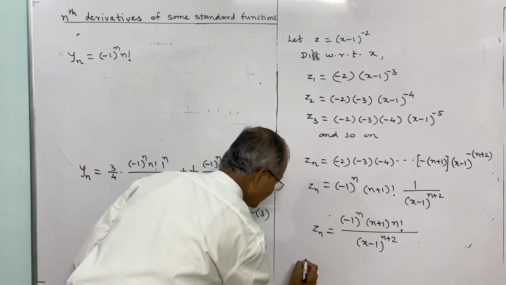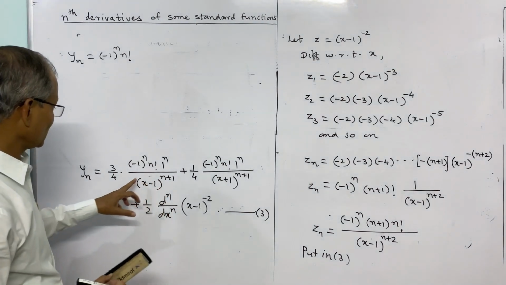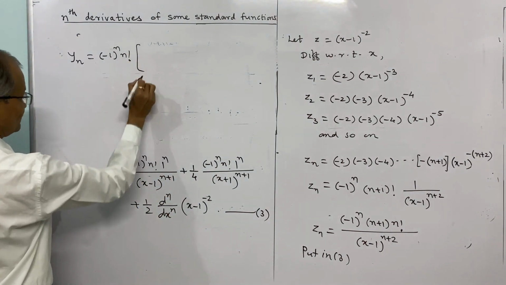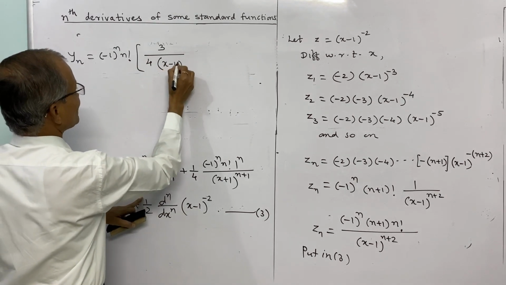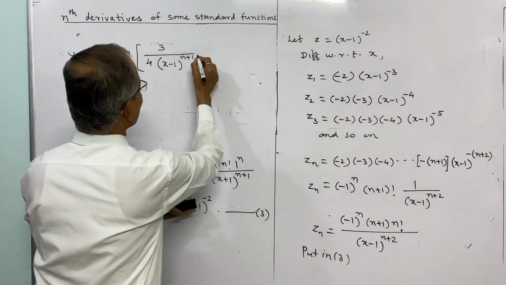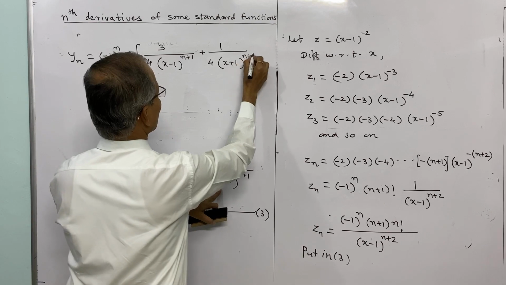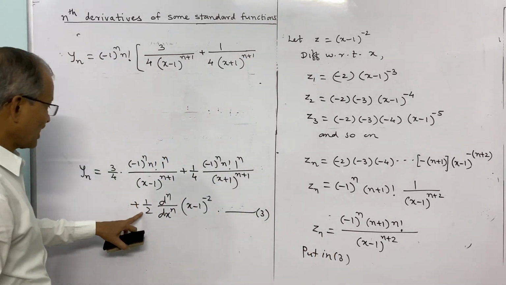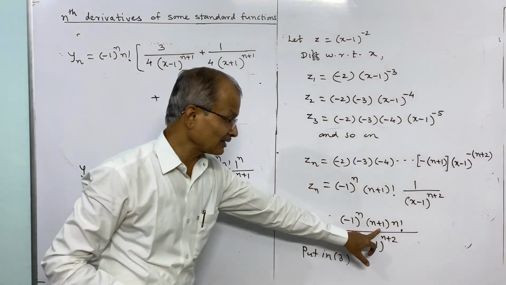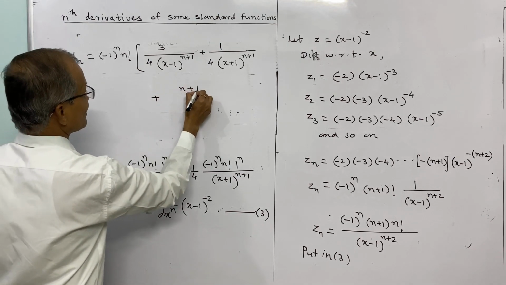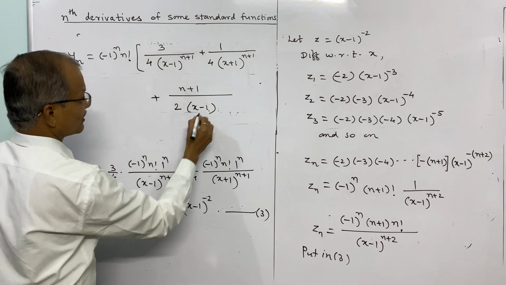Now we are using this zn in 3, and then I can take this as common, since it is contained in each term, and what remains in the bracket is 3 by 4, where 3 is the numerator, 4 into (x minus 1) to the power n plus 1, plus 1 divided by 4 into (x plus 1) to the power n plus 1, and from the last expression, 1/2 plus 1/2, and these two terms are taken common, but n plus 1 remains in the numerator, so we write n plus 1 divided by 2 into (x minus 1) to the power n plus 2.